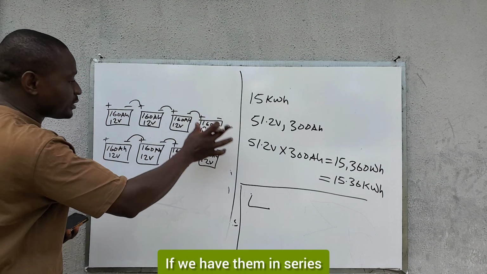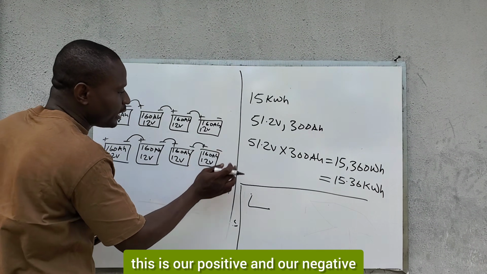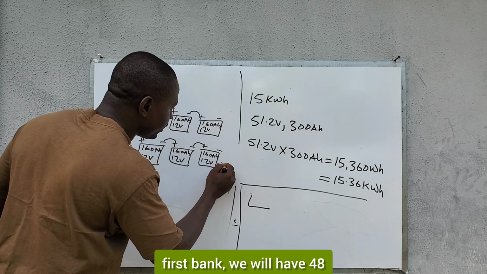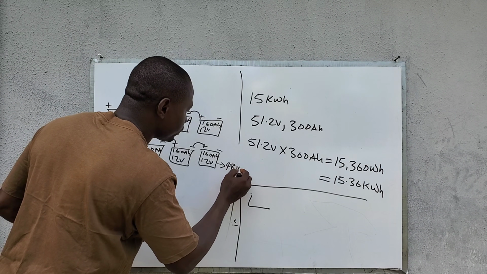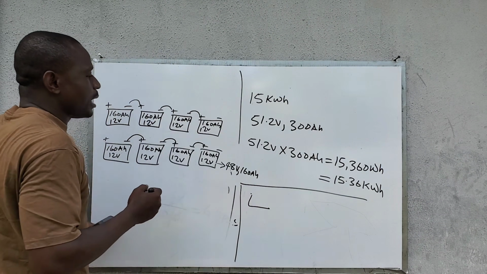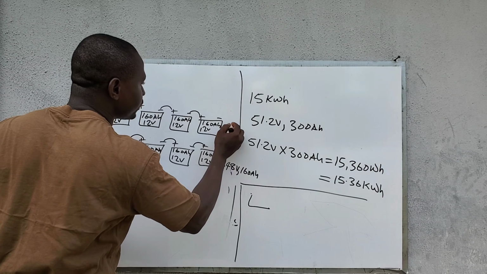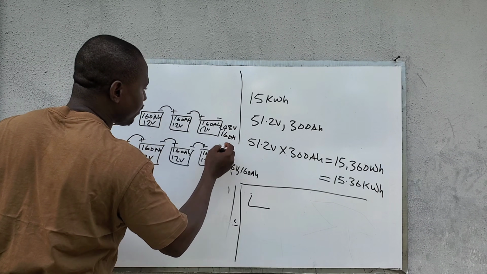If we have them in series, this is our positive and our negative. This first bank will have 48 volts, 160 amp hours. The second bank will also have 48 volts, 160 amp hours.